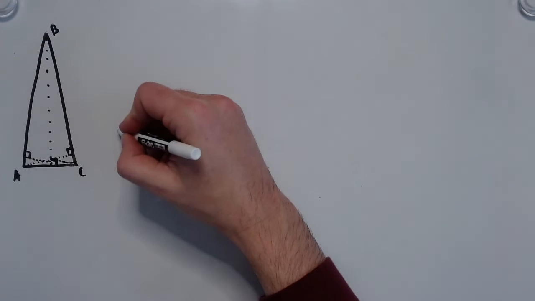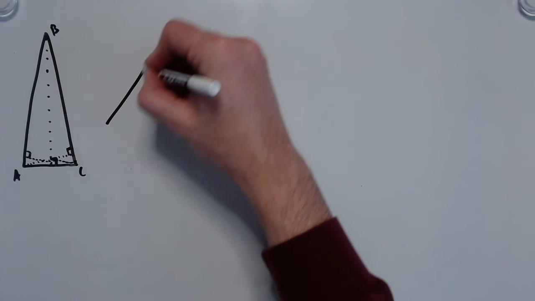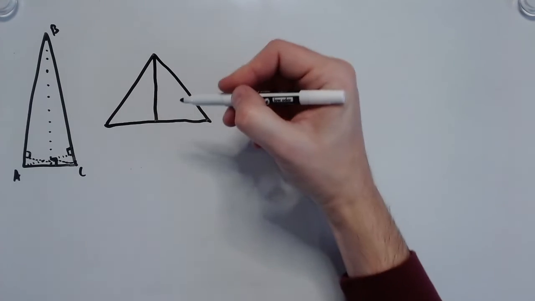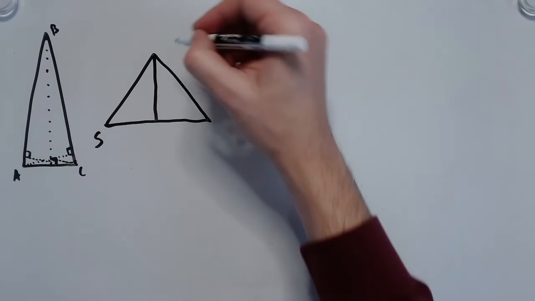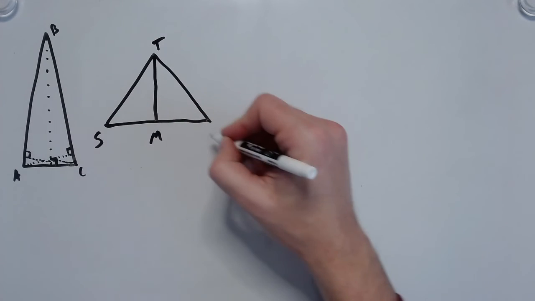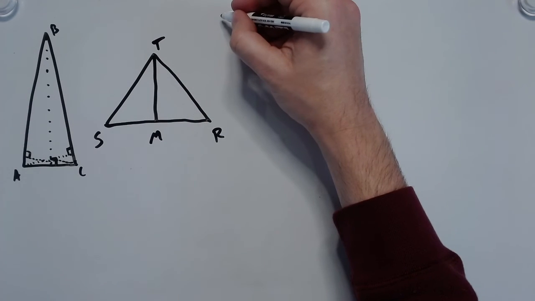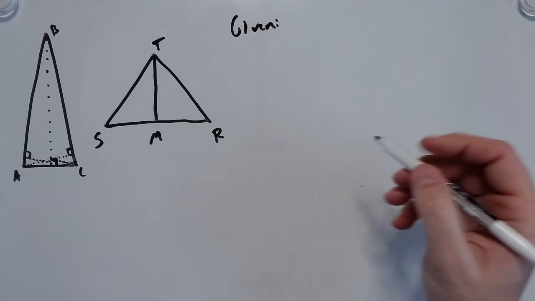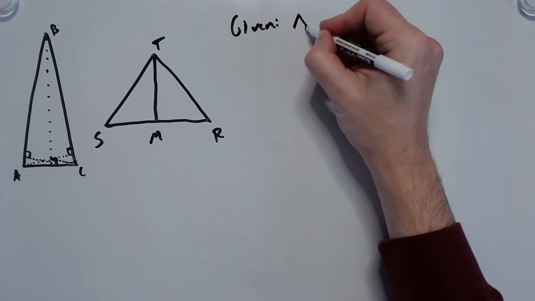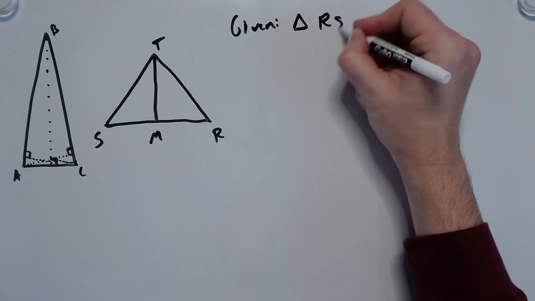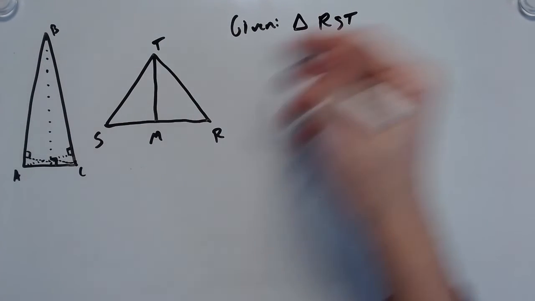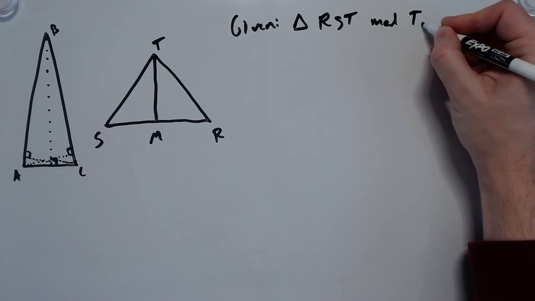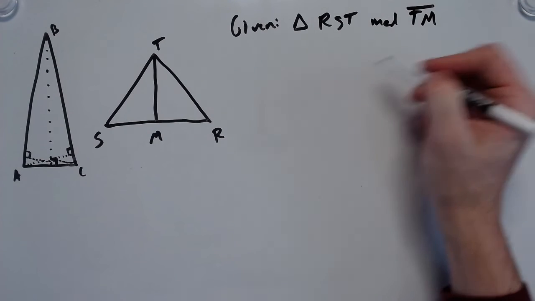Okay, we're going to do a little proof here. So let's draw a triangle, best that I can, something like this. And we're going to have S, T, M, and R. And we're going to say, given, triangle RST, the big one, has a median TM. So TM is the median.